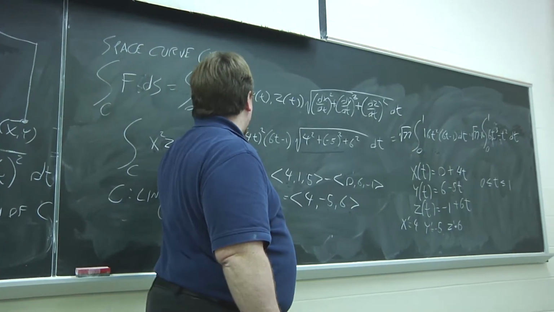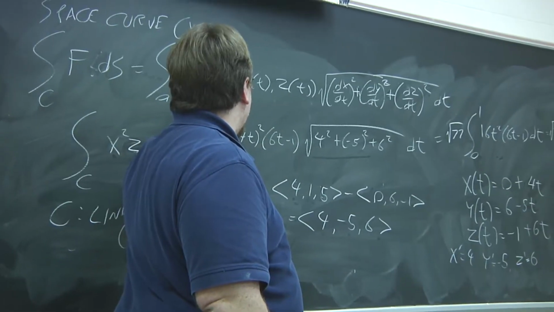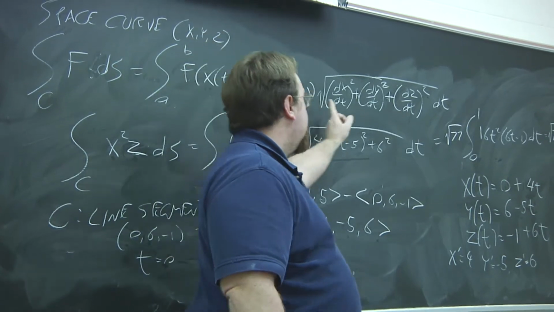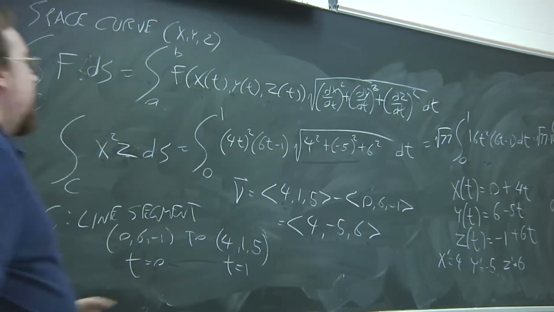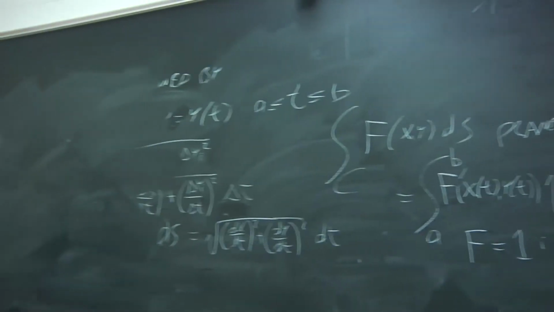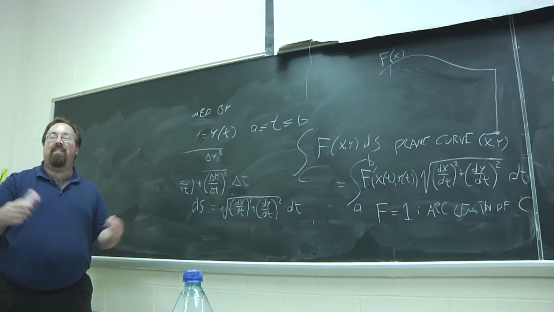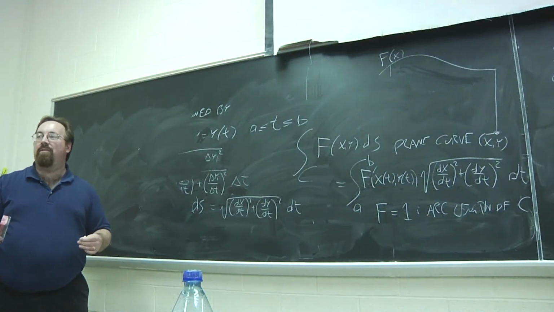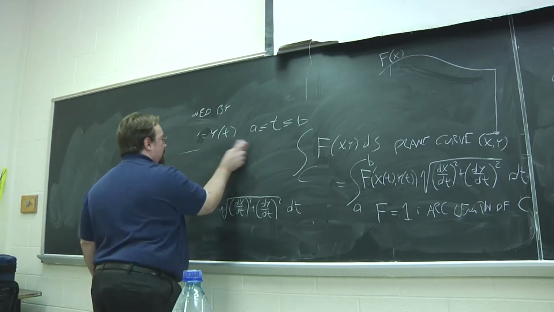Use that to plug into your function, x of t, y of t, z of t. Derivatives go in here. And then whatever you get, integrate in the usual way, no matter how easy or difficult that may be. This is just called evaluating line integrals? Yes. Yeah, that's it. All of these we're dealing with are line integrals. Anytime you're integrating over a curve.